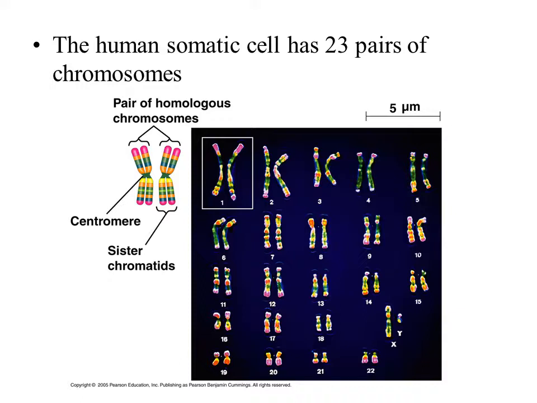So all of these cells are referred to as somatic cells. A germ cell is a cell that will exist in the ovary of a female and the testicles of a male. So the majority of the cells in your body will have 23 pairs of chromosomes.